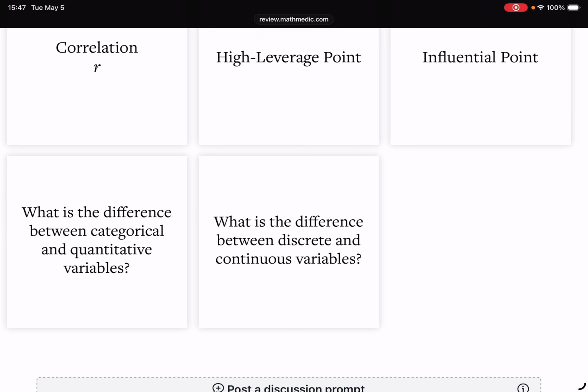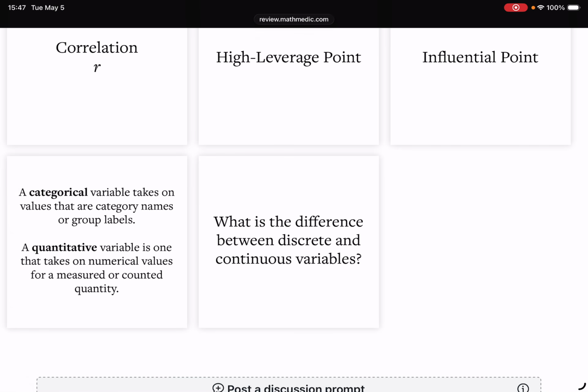Then it says, what is the difference between categorical and quantitative variables? Categorical takes on values that have category names or labels. And a quantitative variable is one that takes on numerical values for measured or counted quantity. So a categorical variable could be flavor of ice cream.